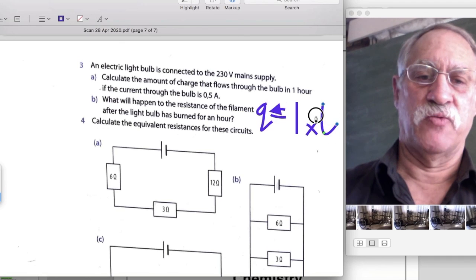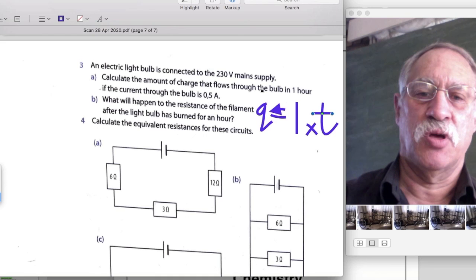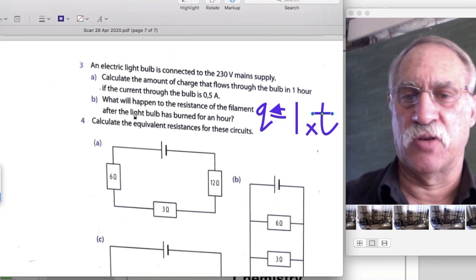And time, don't forget, is measured in seconds. So you could work out how much charge, you got your amps, how many seconds in an hour, work it out, the seconds in an hour times the current will give you your charge.